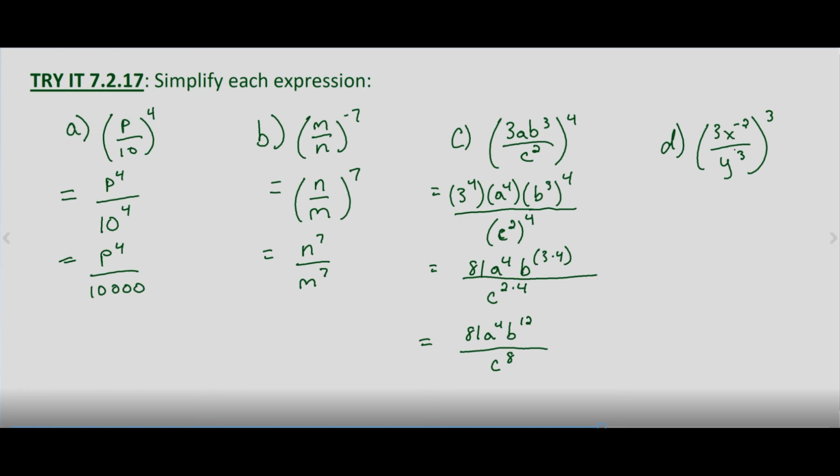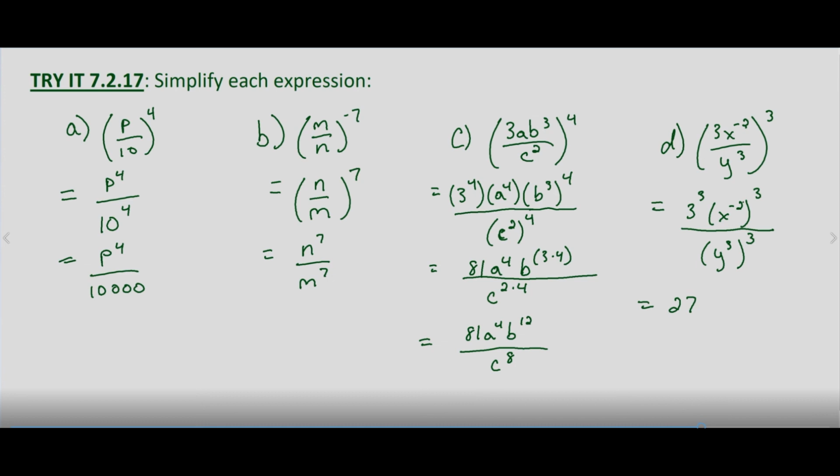Part D, we have 3x to the negative 2 over y cubed, all to the third. Just multiplication and division on the inside, so we can distribute the exponent to all of the terms. So this is 3 cubed times x to the negative 2 cubed over y cubed cubed. 3 cubed is 27.